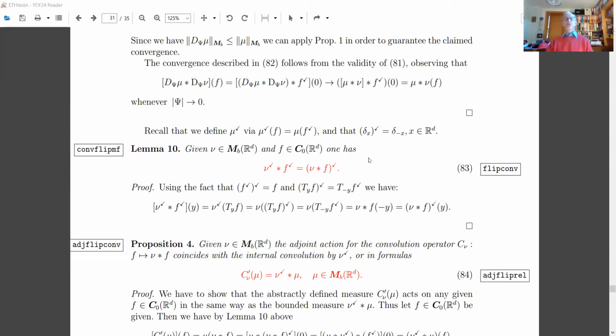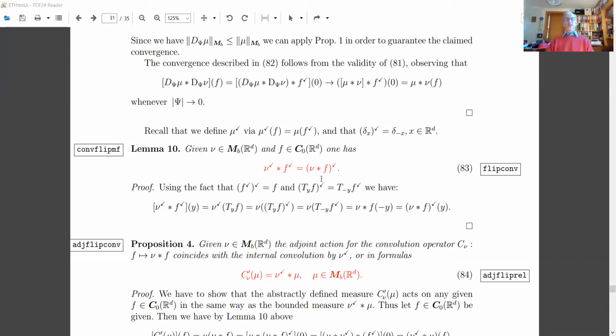I'm just telling you that if you take a function and you flip it, if you take a measure and you flip it, the flipped measure on f is just the same as the measure on the flipped function. Why is this reasonable? Try it out and try to find what the flip of a Dirac measure is, and you will find it's the flip with the negative argument. So it's delta x flipped is delta minus x.